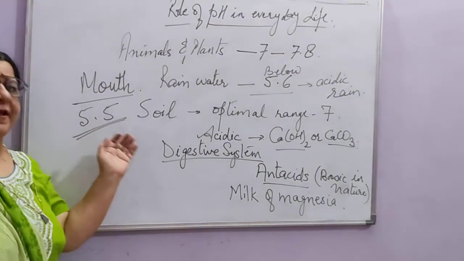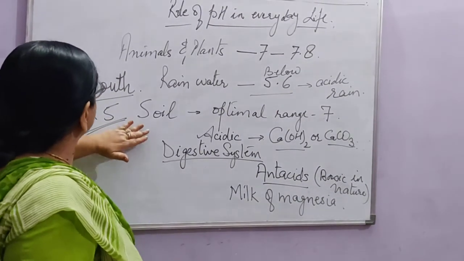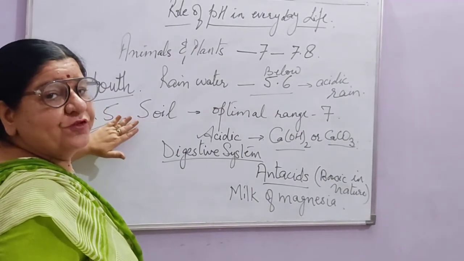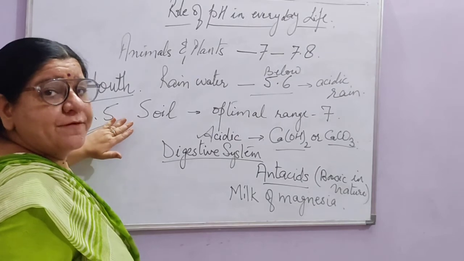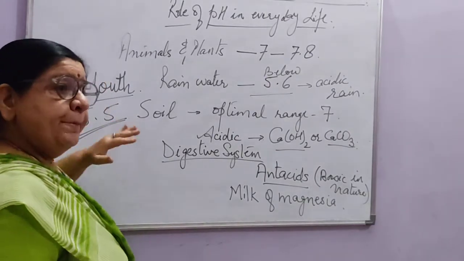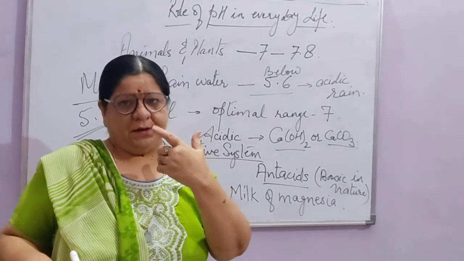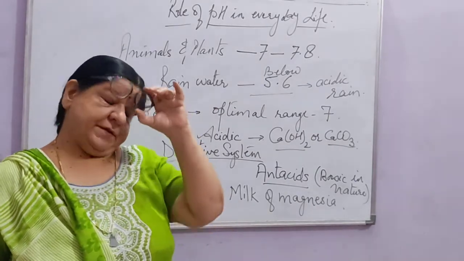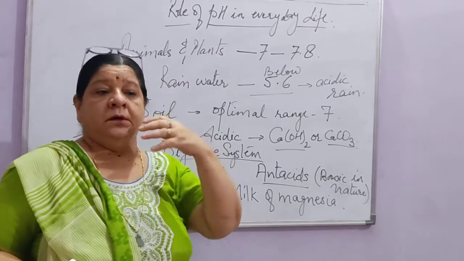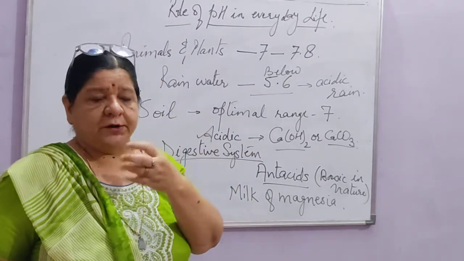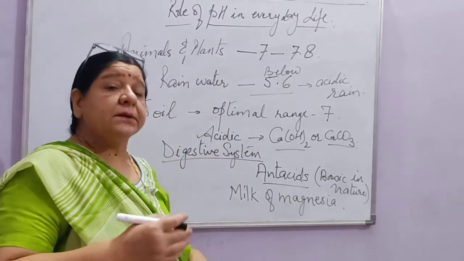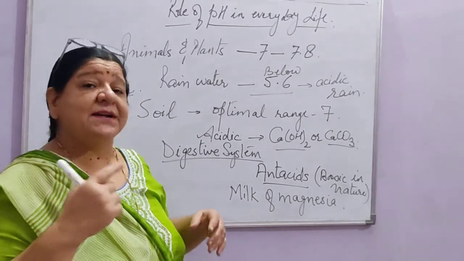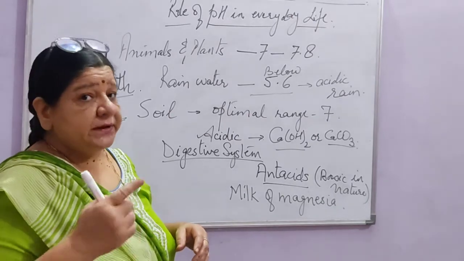Because tooth decay will start if the pH is below 5.5. Now, you know the tooth enamel, which is present above the tooth, is the hardest tissue present in our body, which does not get decomposed by water or anything. But if the pH is below 5.5, that can even decay the tooth enamel.